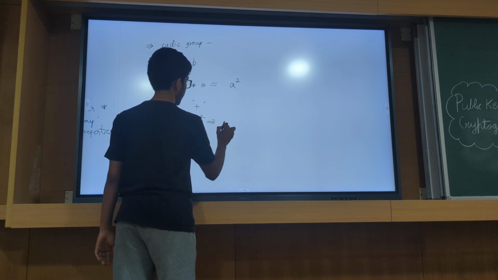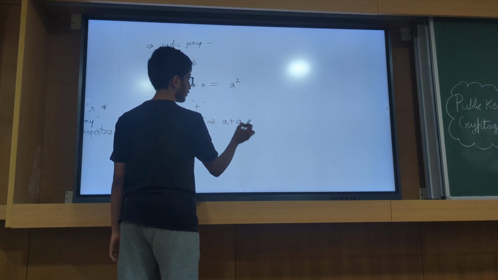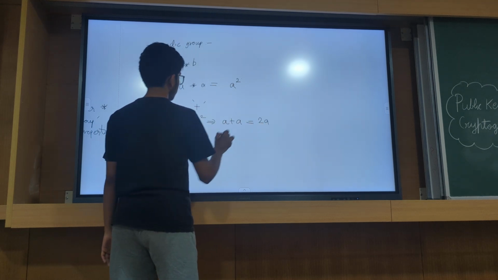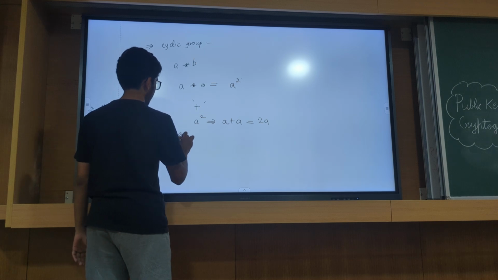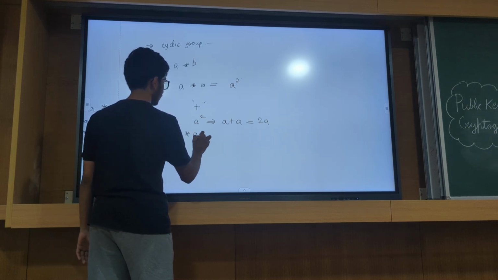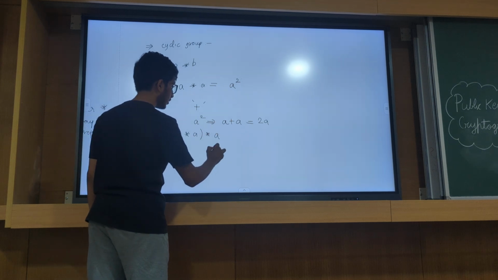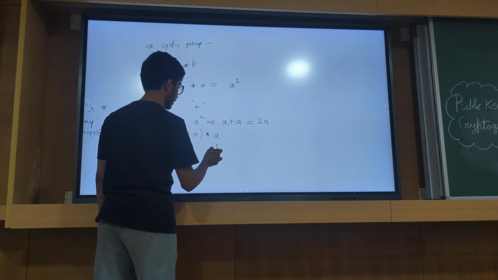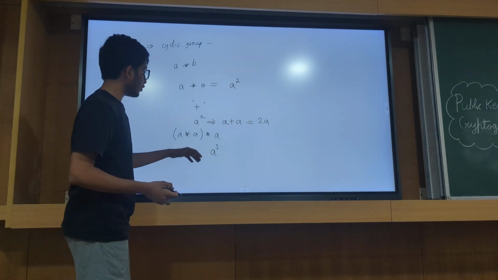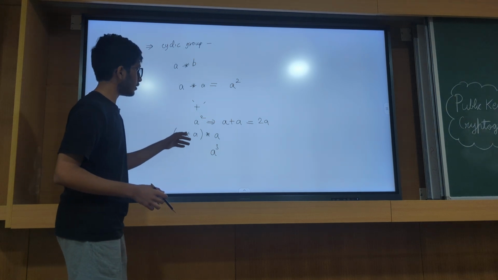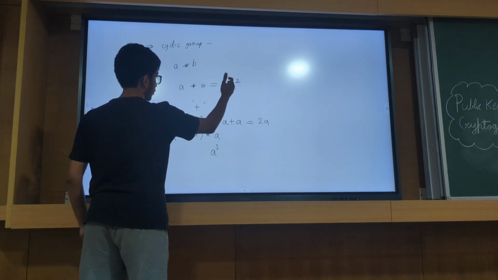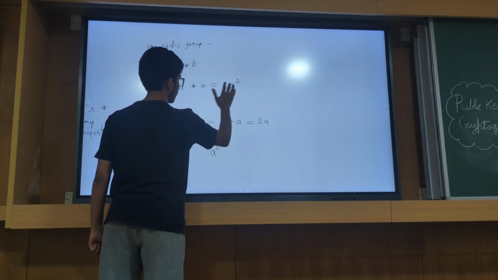Because that will become A plus A, right, in that case. So A star A star A will become 3A if star is plus. It will become A raised to the power 3 if star is multiplication. So depending on the interpretation that you give to star. So here A square does not mean that star is multiplication.